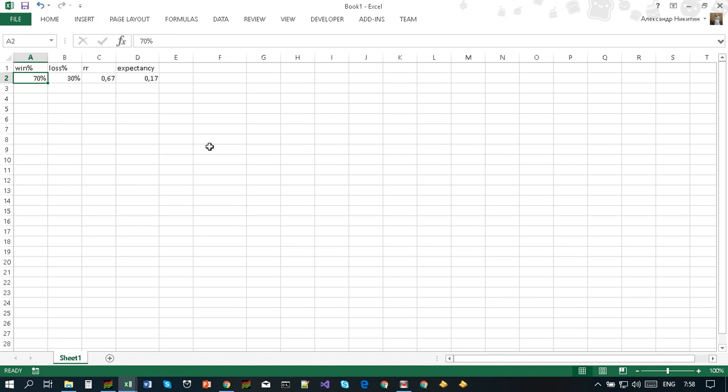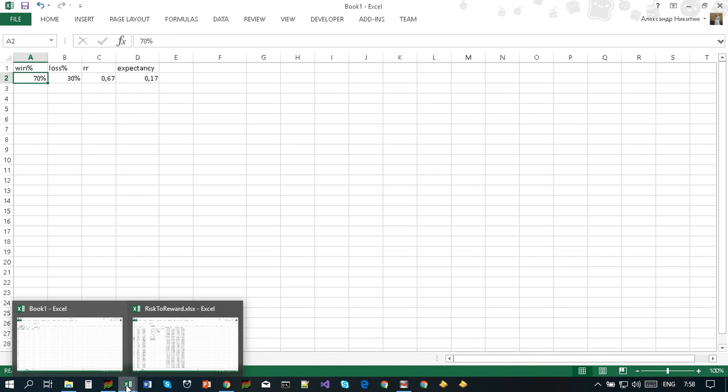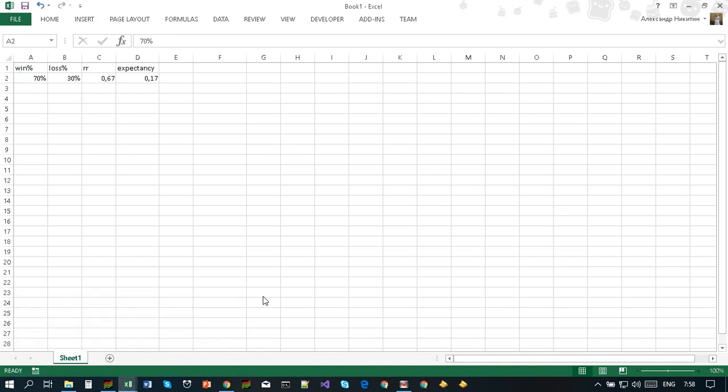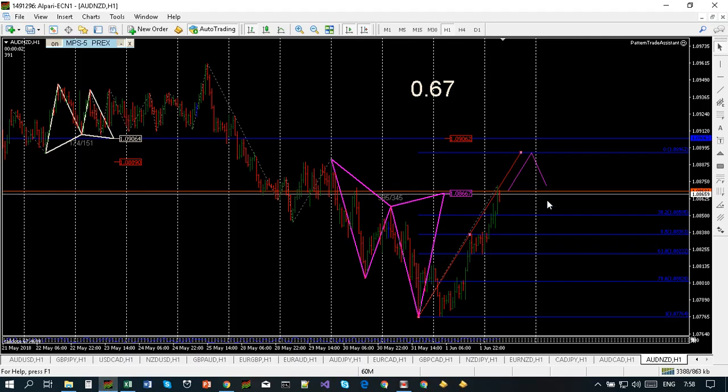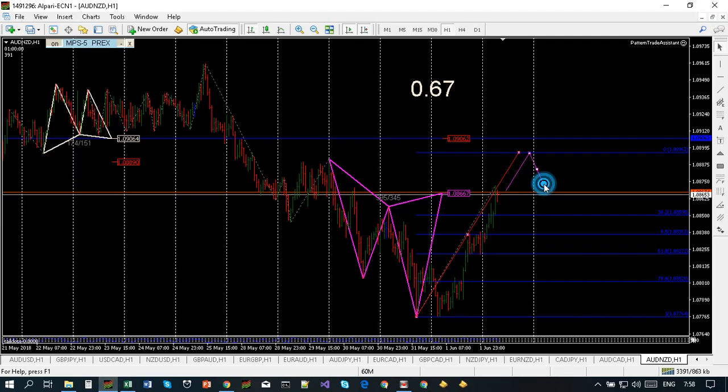Okay guys, now there is a question. What is the cipher pattern probability? What is the probability of the cipher pattern to hit the winner? Let us think the winner to be this 382 first target.